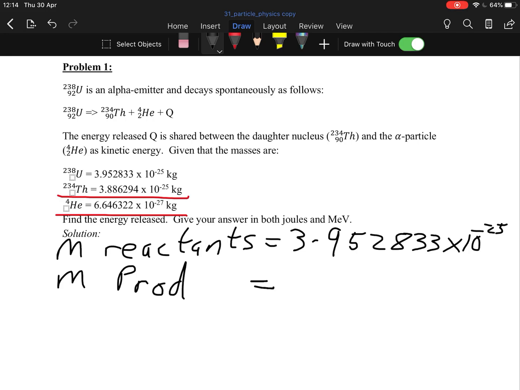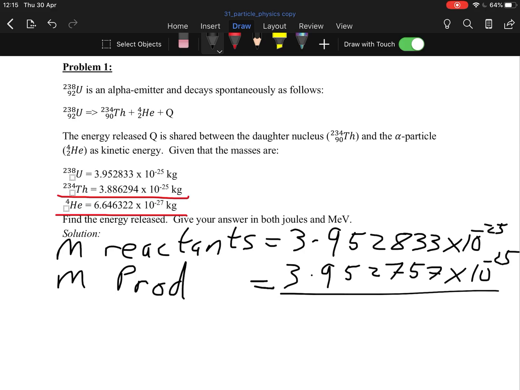So I actually didn't add them together to get a number, I just basically left them and subtracted them one by one, just to make it easier. The thorium mass, 6.294 by 10 to the minus 25, plus 6.64632 by 10 to the minus 27 gives us a value of 3.9527 by 10 to the minus 25.